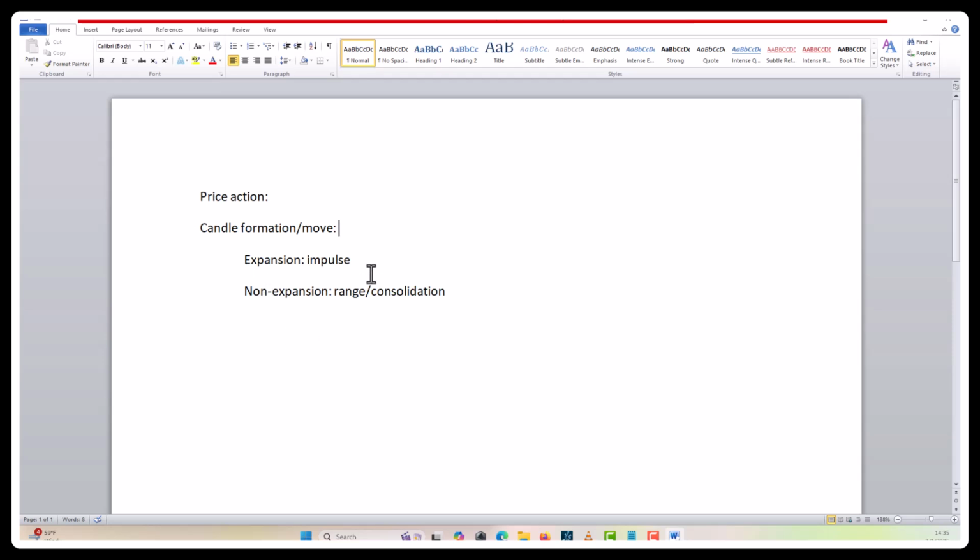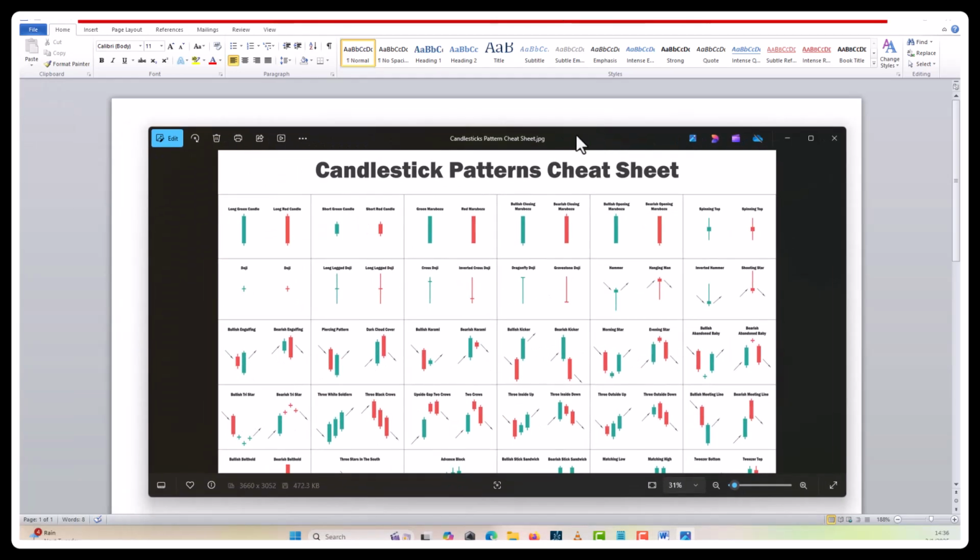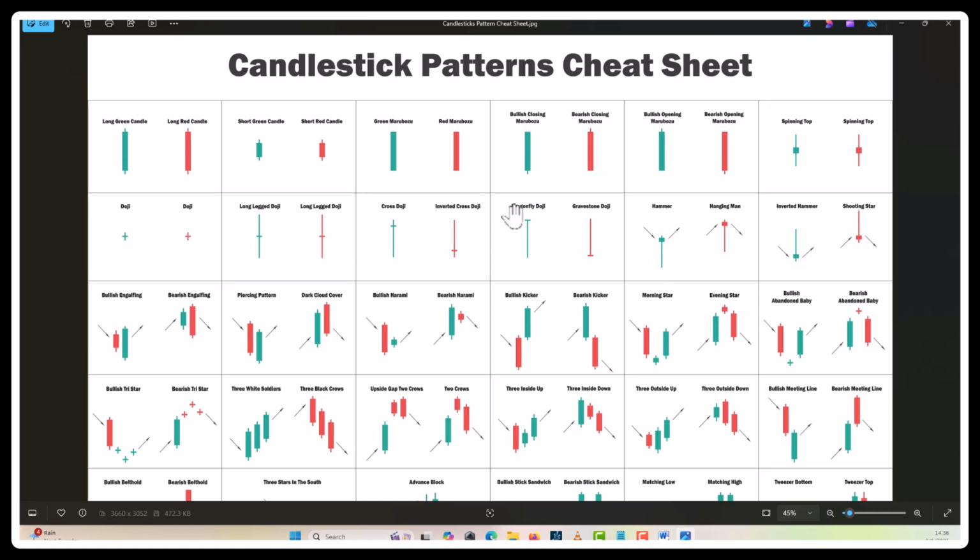So basically there are 2 kinds of candle: the expansion move or impulse move, and the non-expansion move. The non-expansion move can be called different names, range or consolidation. If we break the non-expansion move down to the detail, we can see all kinds of patterns.